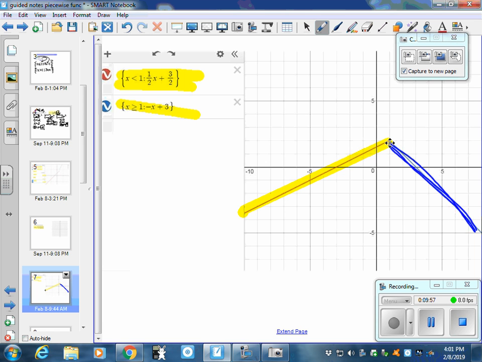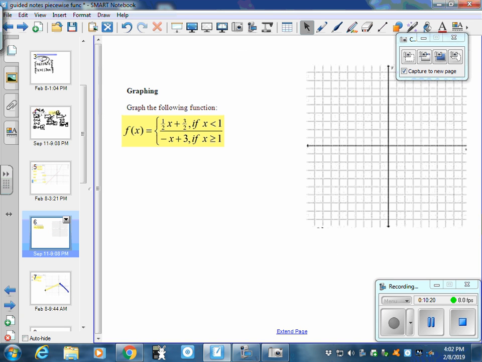So now you've got your graph of these two pieces. And this would have been an open circle on the end, but then it becomes closed when the other one starts there. So that's your piecewise function for that one. So you need to sketch that on your graph. So on that graph, sketch that one here, okay?